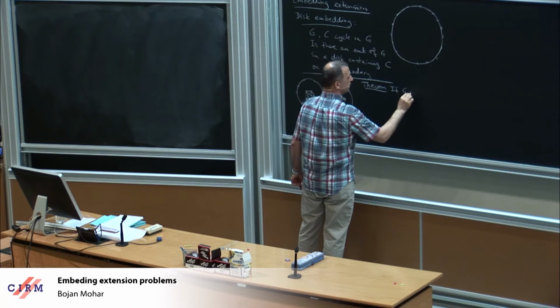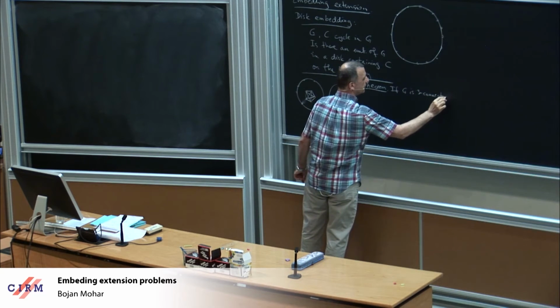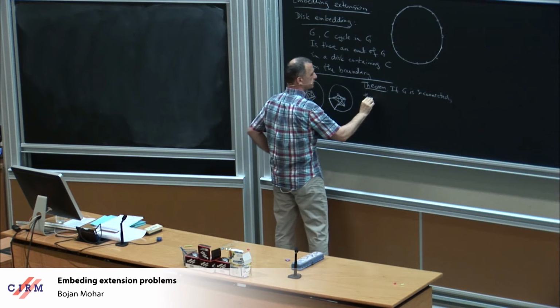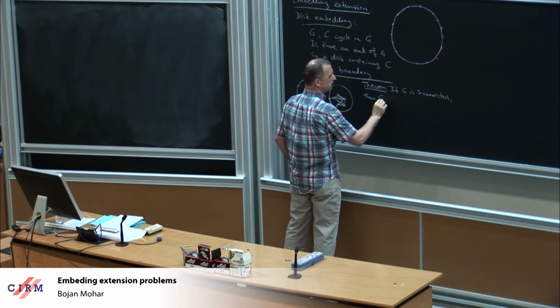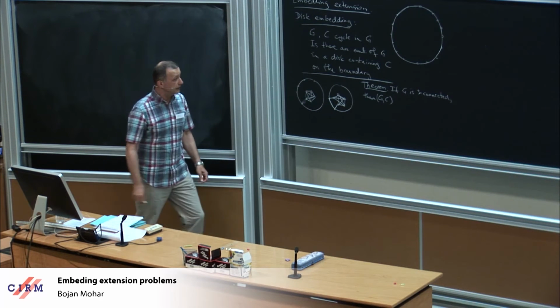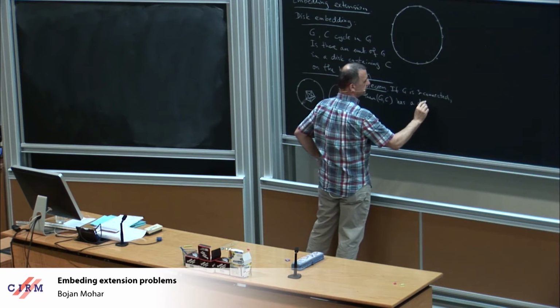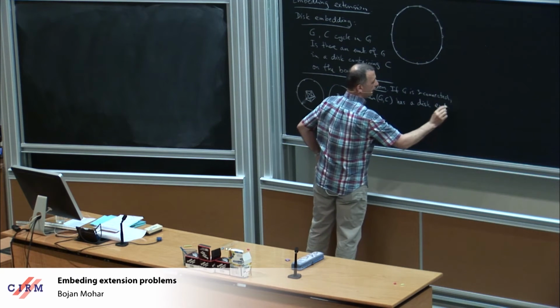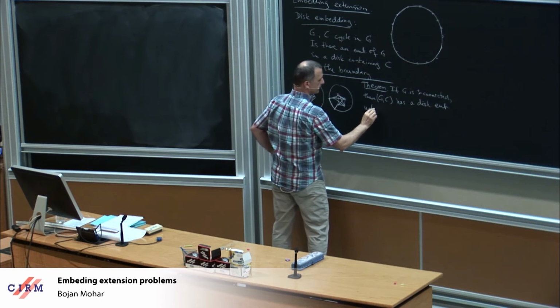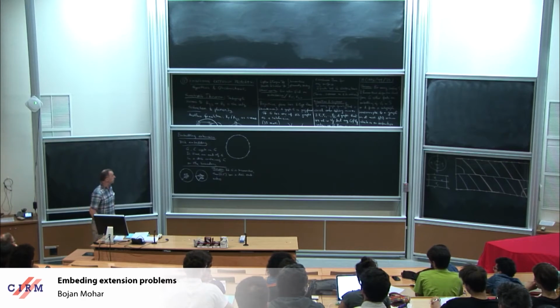If G is tree connected, then GC, this pair, has an embedding in the disk, has a disk embedding, unless one of the following obstructions occurs.